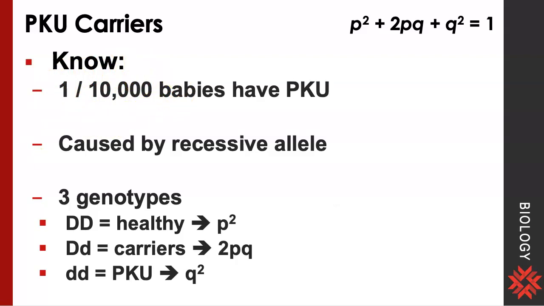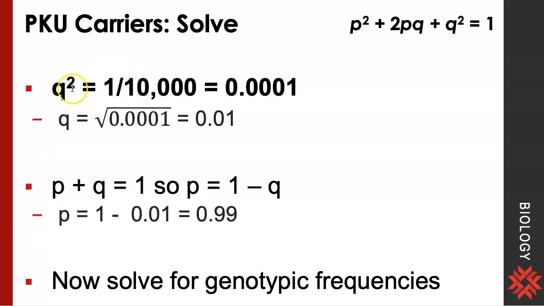So now we can start to solve for this question. So we know that q squared is going to equal 1 out of 10,000. You can plug that into your calculator. 1 divided by 10,000 equals 0.0001. Well, if q squared equals 0.0001, we want to find out this number here, our frequency of heterozygotes.